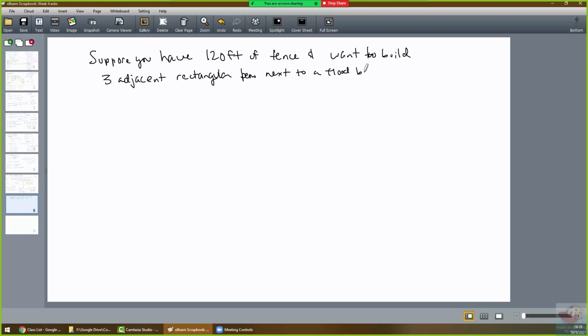Let's just combine the two. Flooded barn. All right. What dimensions would maximize the area?